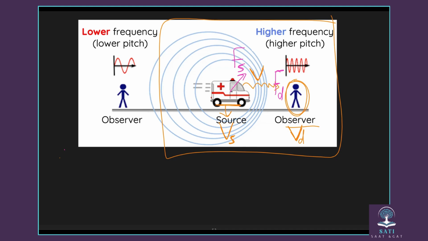So that means F_D, the frequency of the detective, is going to be equal to F, the frequency of the source, times a fraction: V, which is the velocity of the sound itself, minus the velocity of the detective, over V minus the velocity of the source. So this formula is the formula to find the frequency that the detective will listen to.